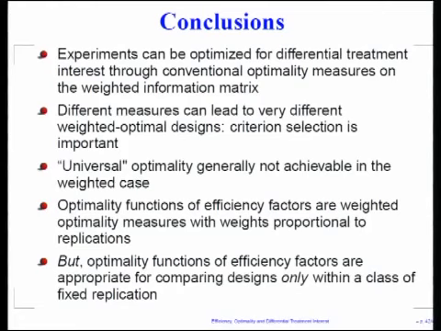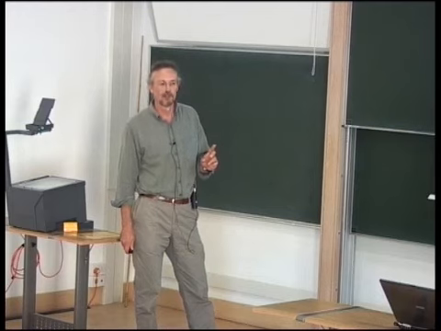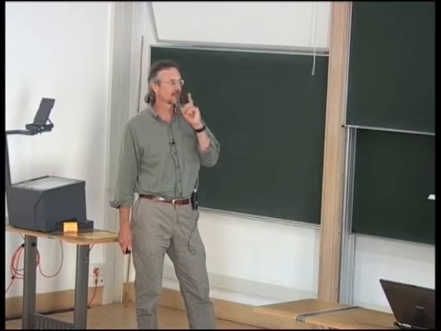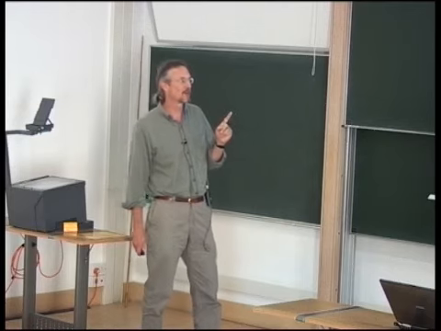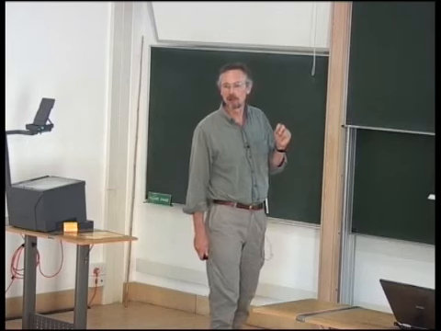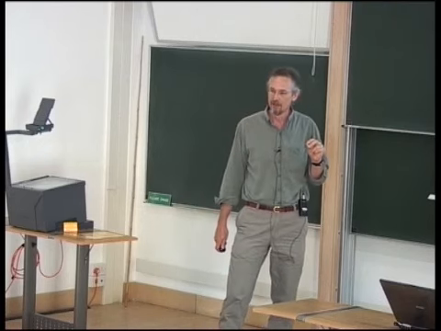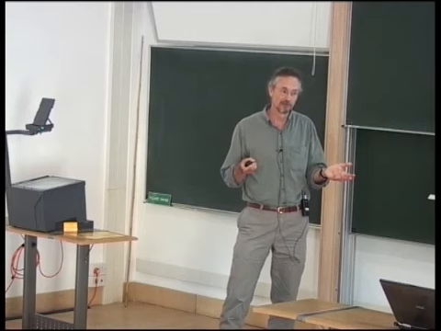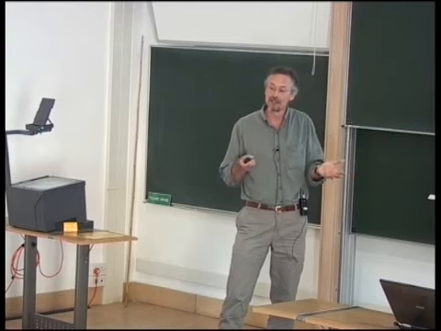They are weighted optimality measures with weights proportional to the replications. Okay? But optimality functions of efficiency factors are appropriate for comparing designs only within a class of fixed replication. Because when you change the replication, 2 designs with 2 different replication counts, you're changing the weights, aren't you? You're changing the weights, and that's no comparison at all.